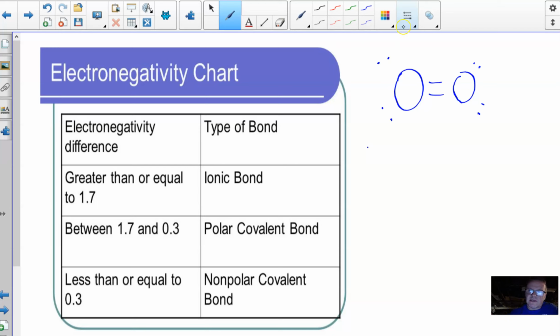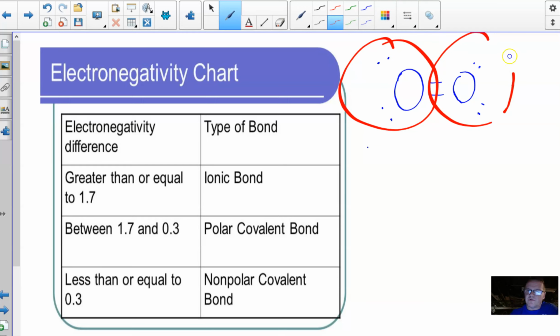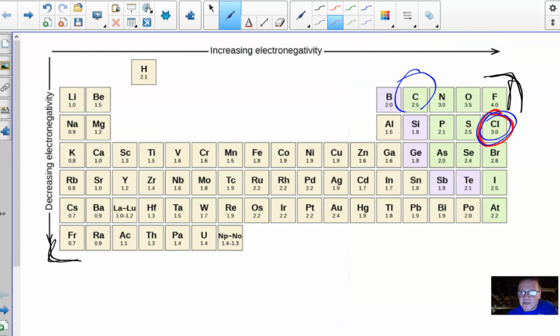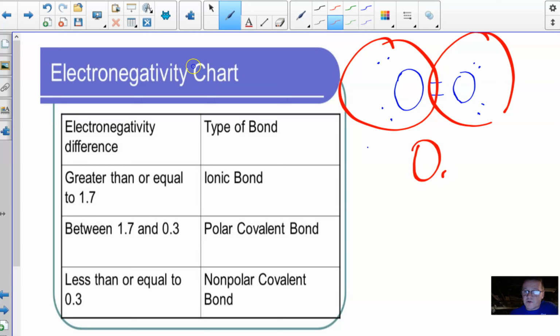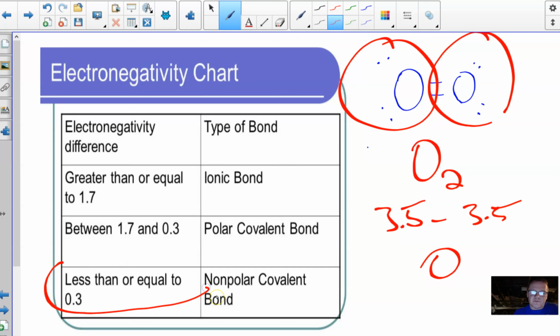We've got the same electron setup over here as over here. The electronegativity value of oxygen is 3.5, and in an O2 molecule we have 3.5 for each oxygen. Obviously the difference between those is 0. Less than or equal to 0.3 means we've got a nonpolar covalent bond.